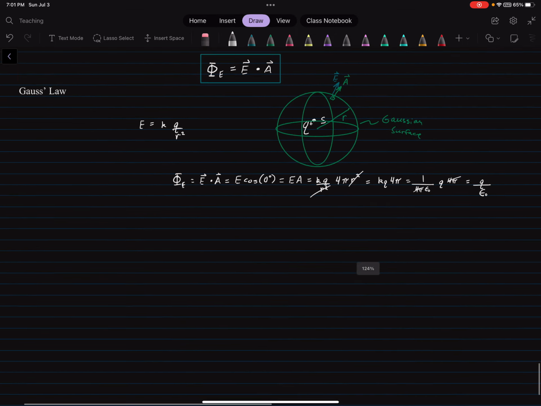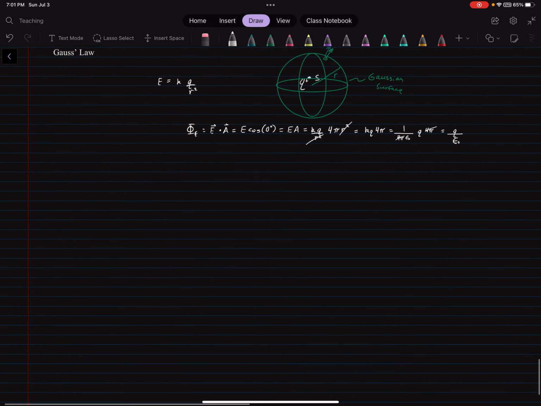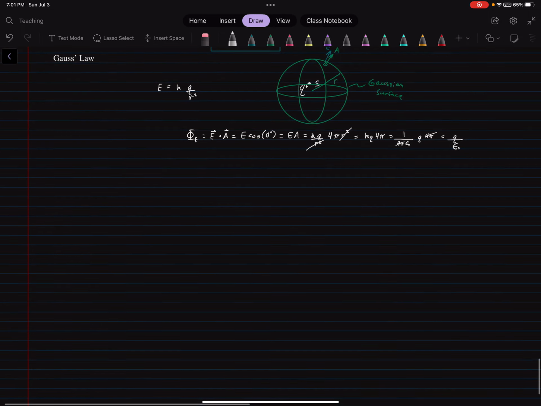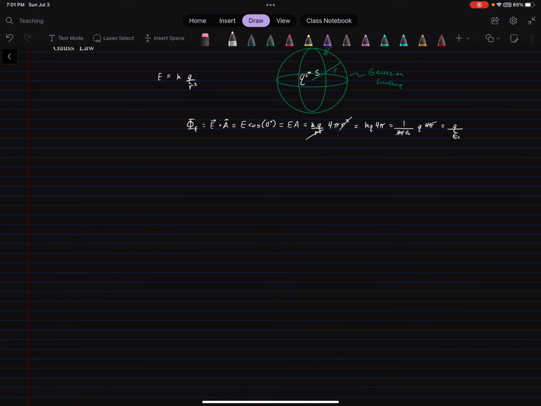And it works in general for any charge distribution and any Gaussian surface. Calculus can show you all of the ways in which, all of the combinations, but we don't get into that here. You'll just have to take my word for it and accept this spherical case as an example that shows you the result.